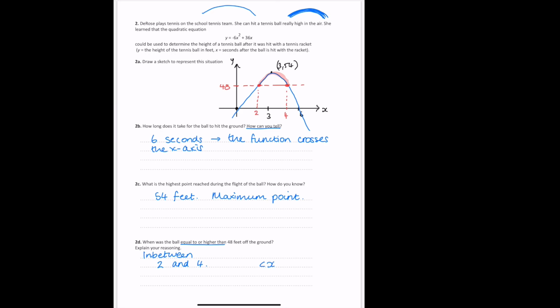You could write it as an inequality, or you can also just write between 2 and 4, which is where the graph is higher. If you imagine, the x values of all these points are between 2 and 4, which is how we've calculated that one.